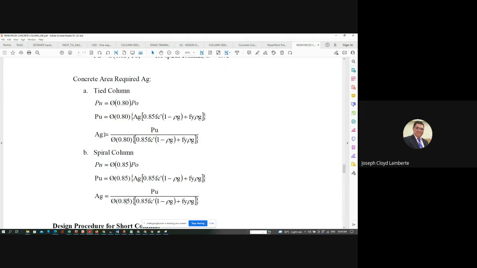In designing the column, of course, you need your PU and you need your steel ratio, rho G. Again, we have a steel ratio of 1% to 8% for a general column. So you just pick from 1% up to 8%. The same rule applies as in our discussion before on the steel ratio of beams.